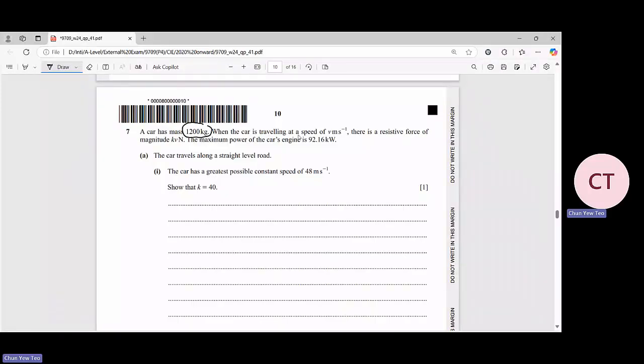When the car is traveling at the speed of v meters per second, there is a resistive force of magnitude kV Newton. The maximum power of the car engine is 92.16 kilowatt. Part A, the car travels along a straight horizontal level road. The car has the greatest possible constant speed of 48 meters per second. They want you to show that K is equal to 40.